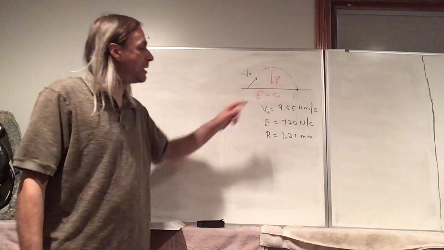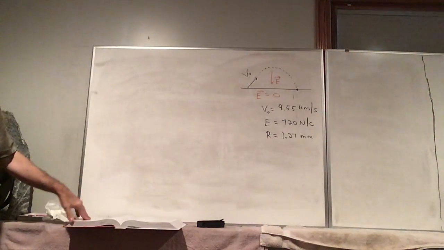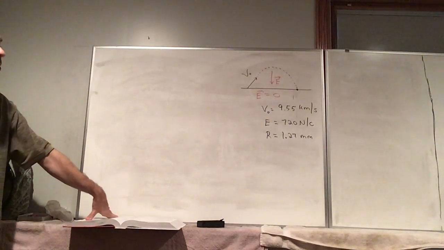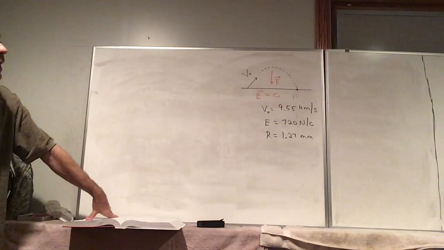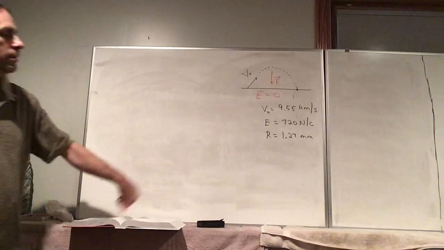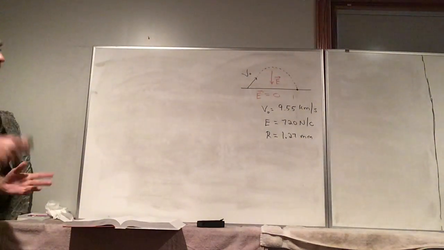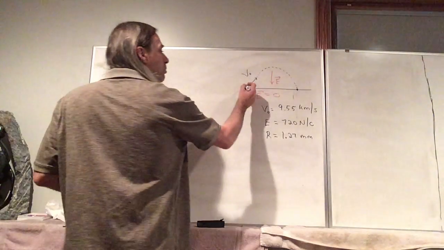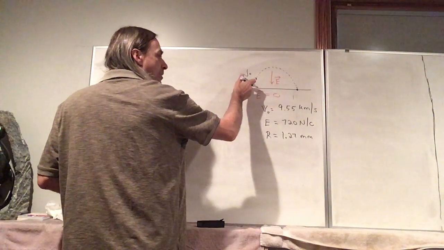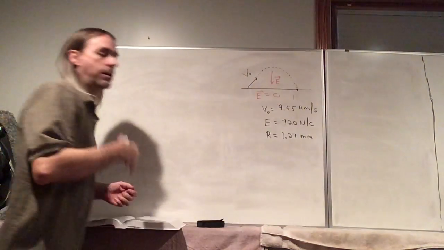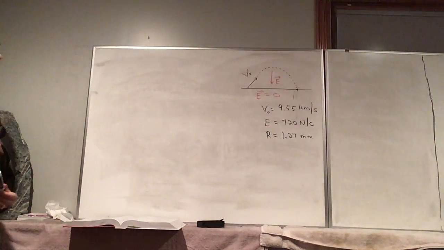Its initial velocity is 9.55 kilometers per second, and we want to hit a target that is 1.27 millimeters away. So the distance from where it enters to where it comes back down and hits its target is 1.27 millimeters.